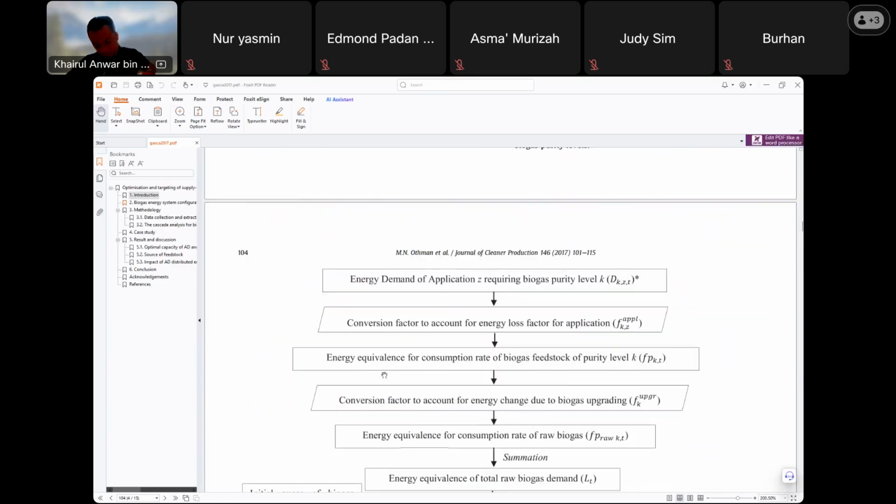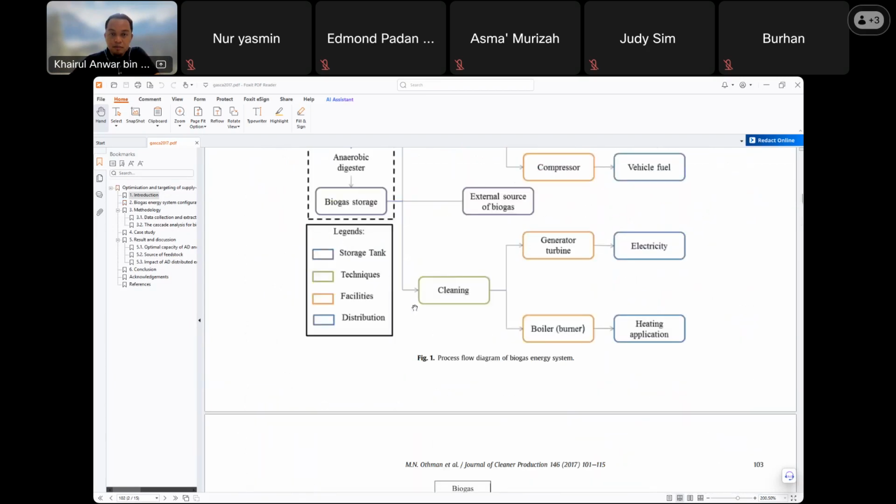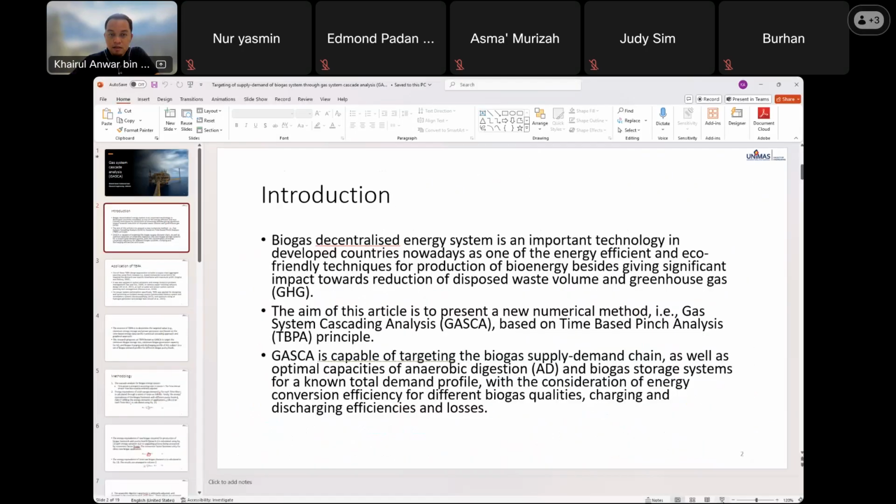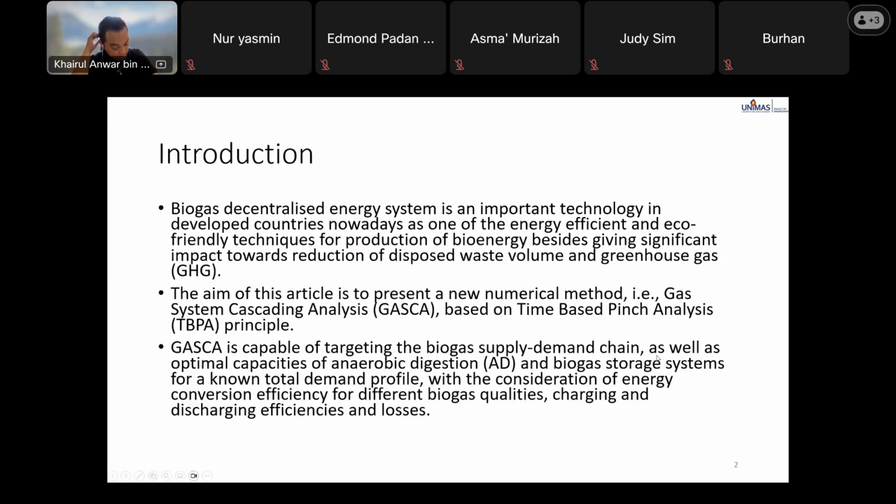It's based on a local, I would say, the farmer located. So biogas decentralized energy systems and modern technology in developed country.